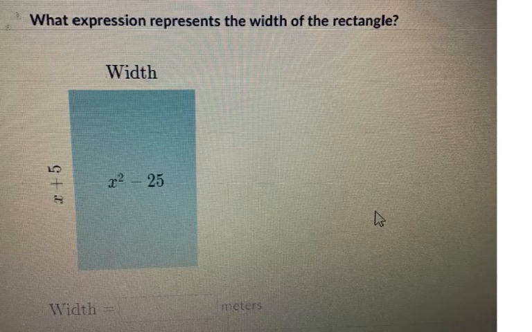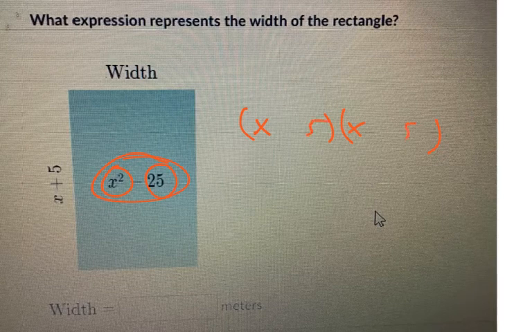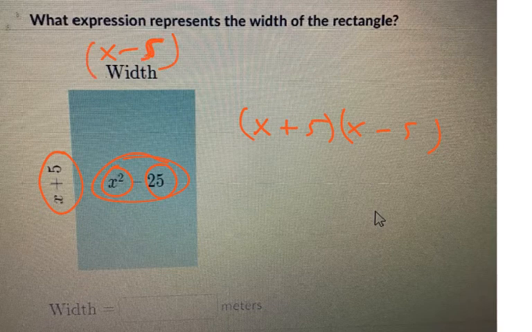Okay, so let's say they give you an area model problem. Now what's special about this one is you should recognize that's a difference of two squares, right? X squared is x times x. 25 is 5 times 5. If I make one plus and one minus, and since we already have the plus here, the width is going to be the minus, x minus 5.